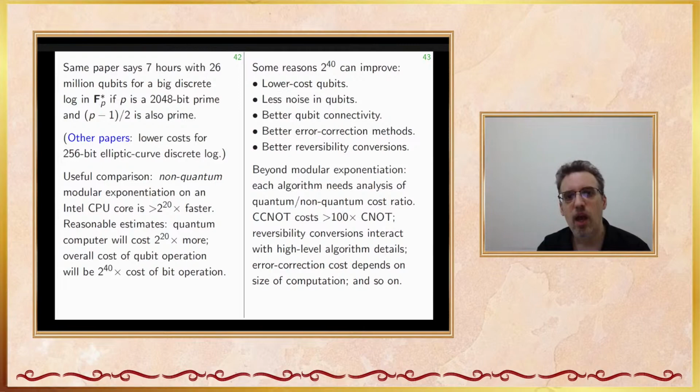It might be that even if the noisy qubits are as noisy as currently predicted, as people are currently trying to build, and they don't get much better, there are better ways to do error correction. This is something that has improved quite a bit over the past 20 years, and people have new ideas for algorithms to do error correction, like building logical perfect qubits on top of noisy qubits. And that's something which could save a lot of cost.